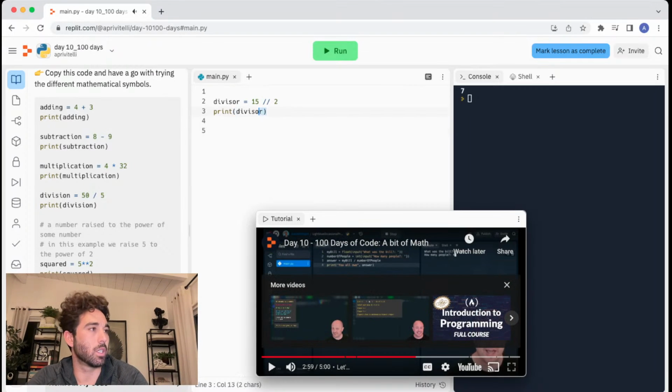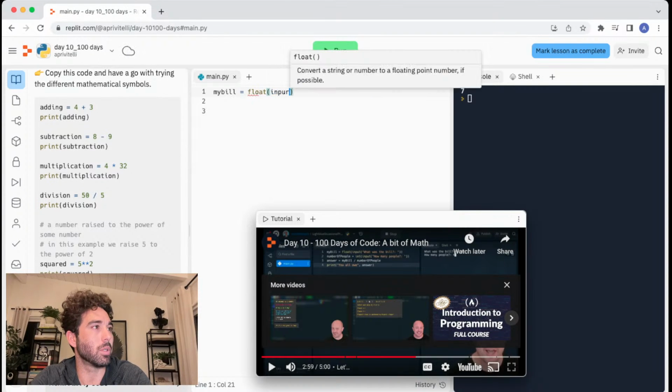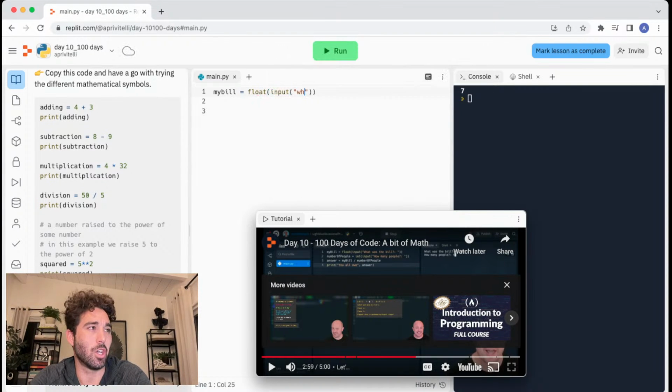Cool. Now we're getting somewhere. This is something I would use. My bill equals float input, what's the damage?